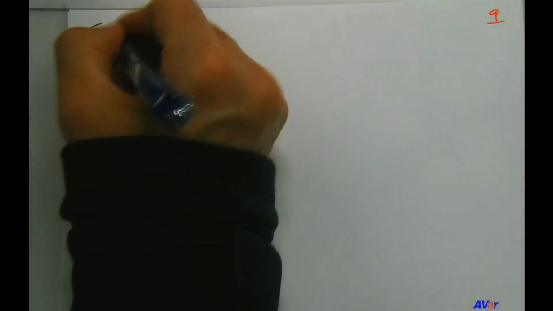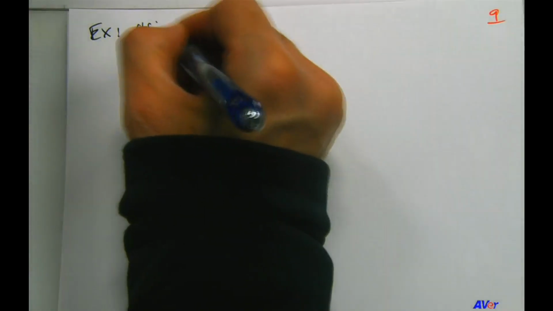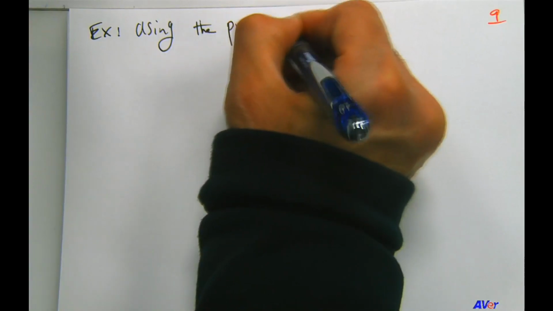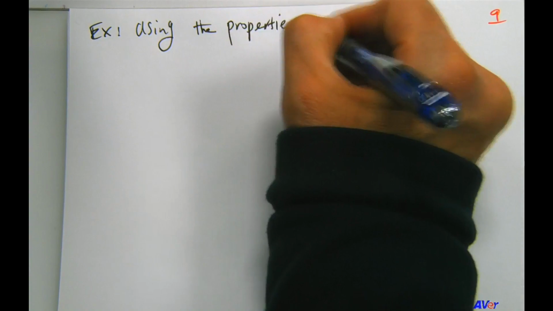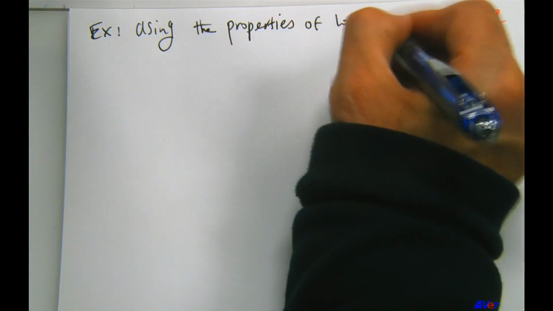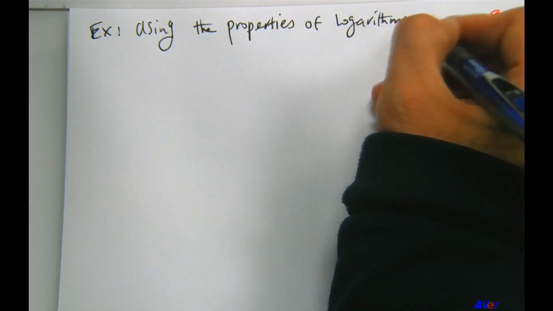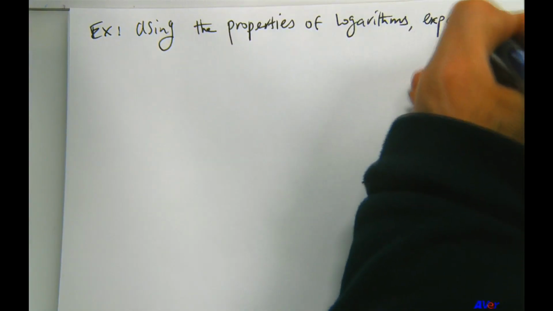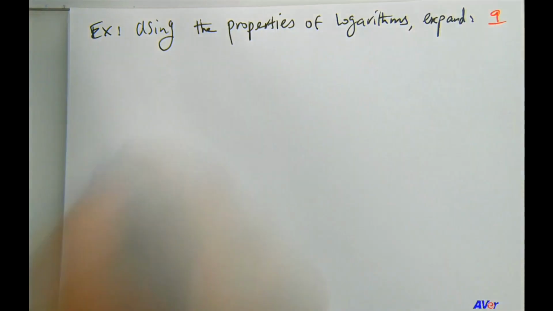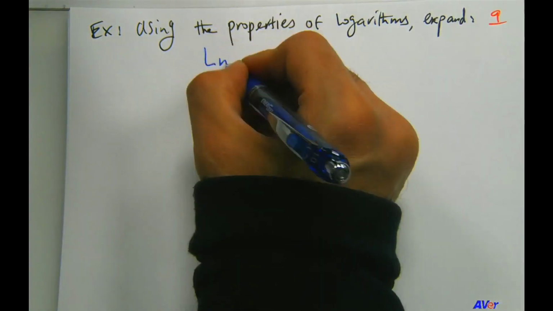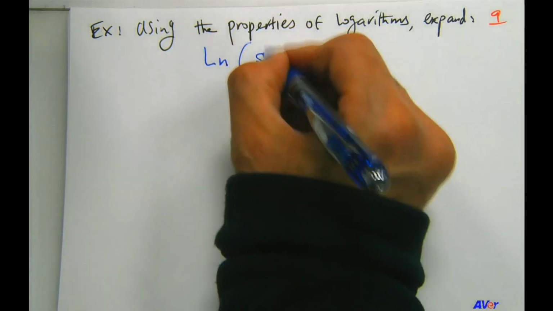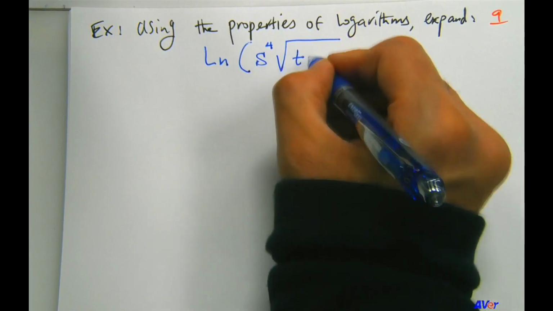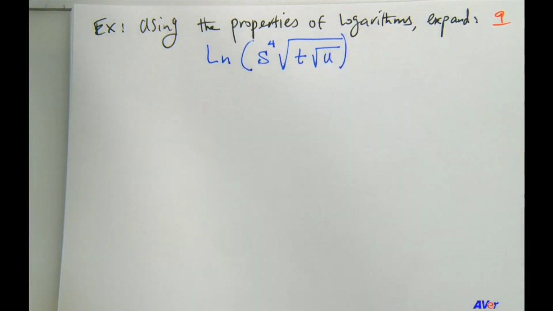So in this case, using the properties of logarithms, we want to expand this expression, natural log of s to the 4th power times square root of t times square root of u.